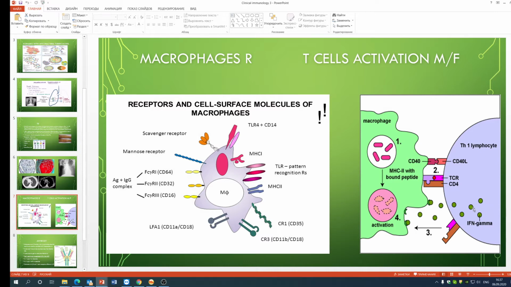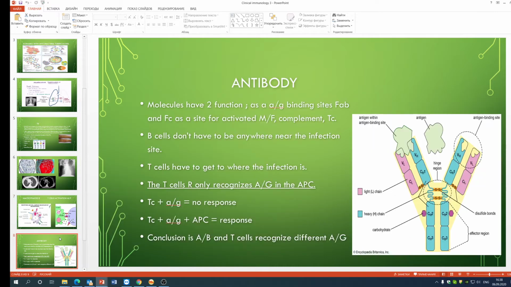Interferon gamma is released from the T lymphocyte and more effectively activates the macrophage. The macrophage is also activated through the binding between major histocompatibility complex type 2 and the bound peptide.